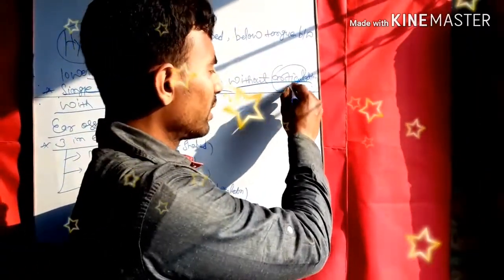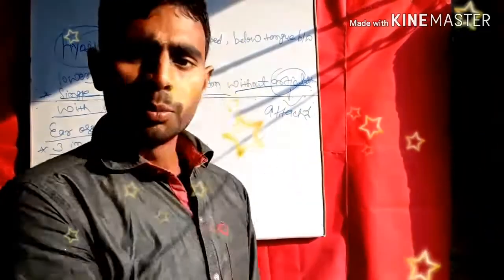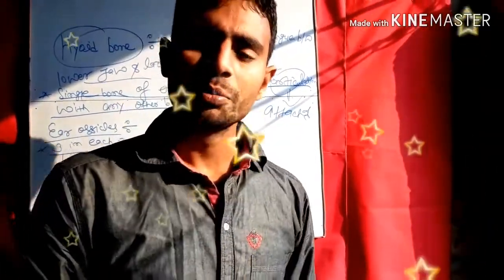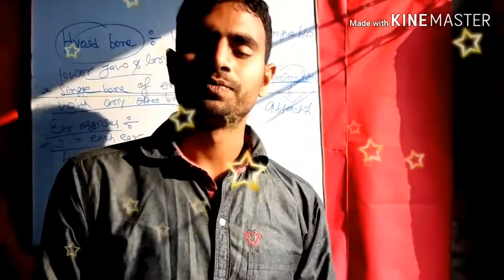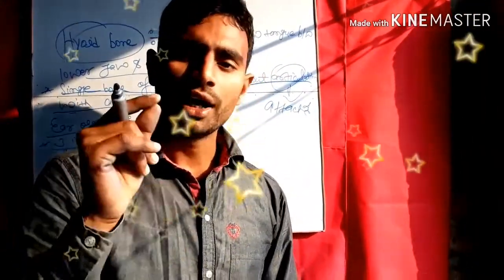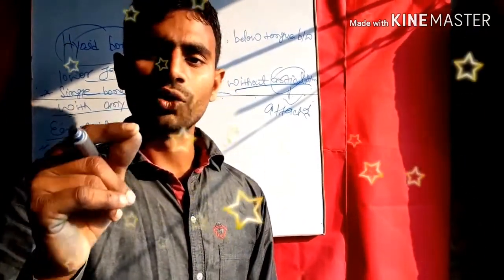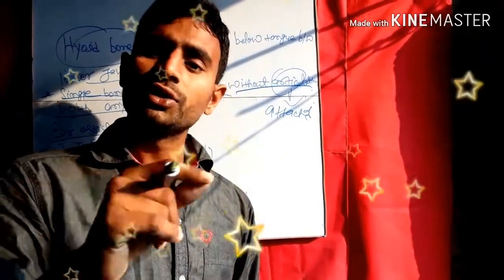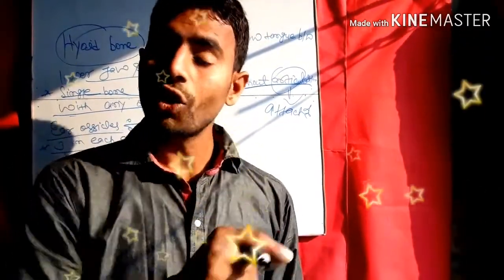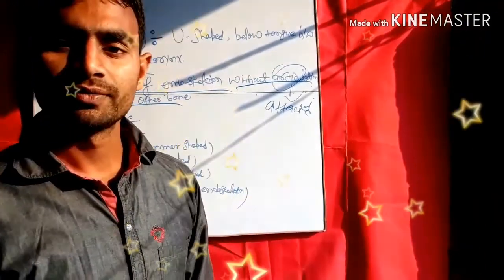Articulate means attached. The hyoid bone is a single bone of the endoskeleton that is not attached, not articulated, with any bone.